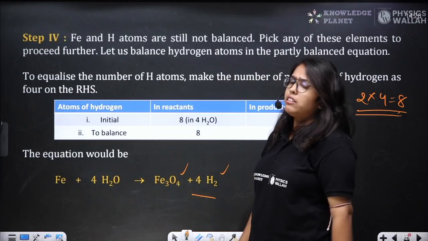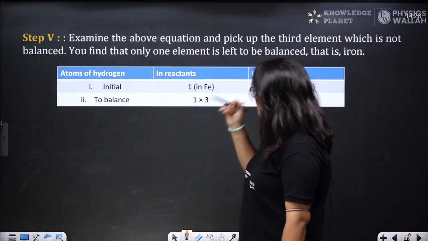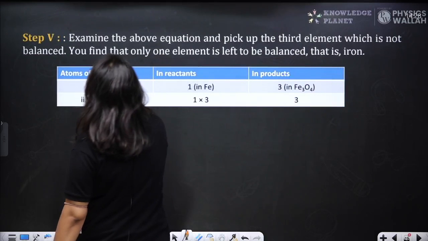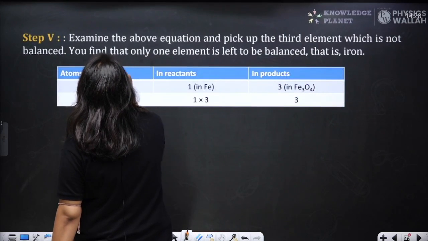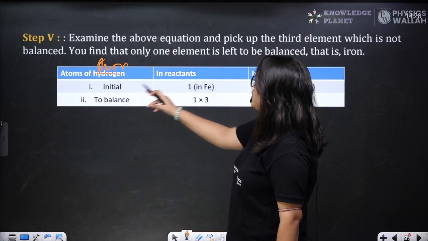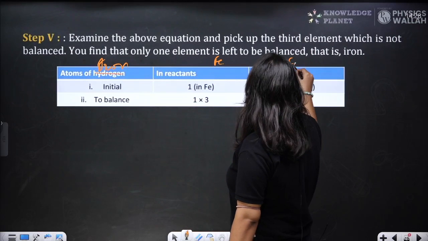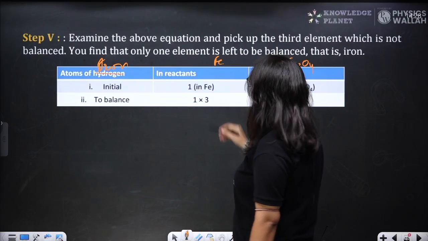Iron is not balanced. We again draw the same table, that is atoms of iron, in the reactant side and in the product side. Initially we know it is 1, Fe, and in the products we know it is 3, Fe3O4. So what do we do?